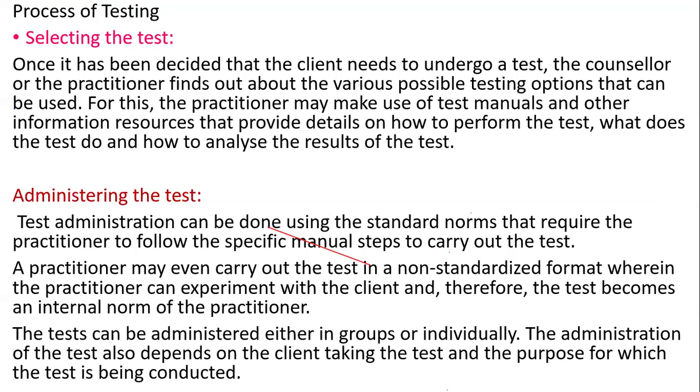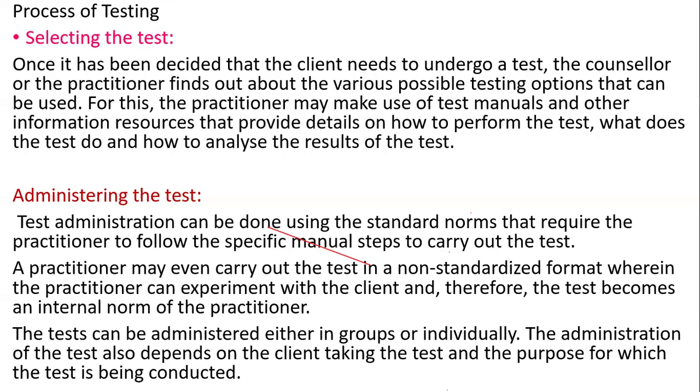What's the first step of doing a test? Selecting the test. First of all, the counselor has to select the correct test for the client, right? According to the problem and the nature of the client, they have to select the test.